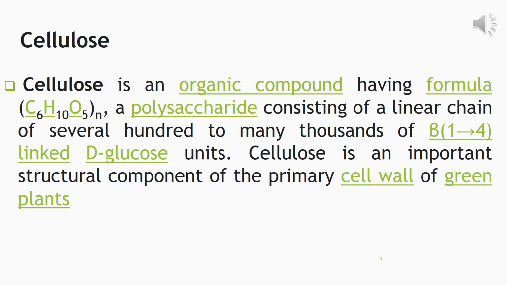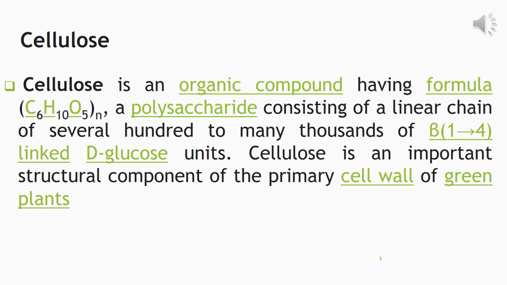What is cellulose? Cellulose is an organic compound with the formula (C6H10O5)n, showing that this is a repeating unit, and n number of these repeating units are found in the structure of cellulose. Cellulose is a polysaccharide.